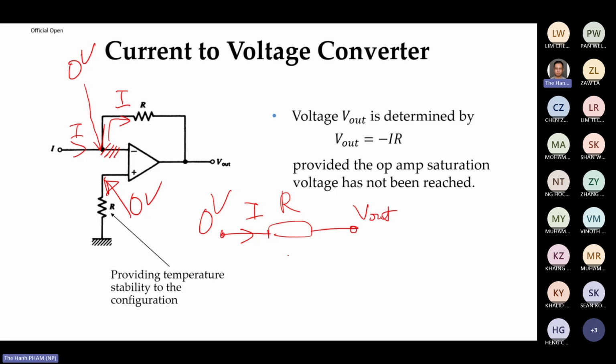Ohm's law tells you that I times R is 0 minus VR, because the current is running in this way. In other words, VR is minus I times R. So if I have a current I, I can convert it to voltage in this way. So this is one example of a current to voltage converter.